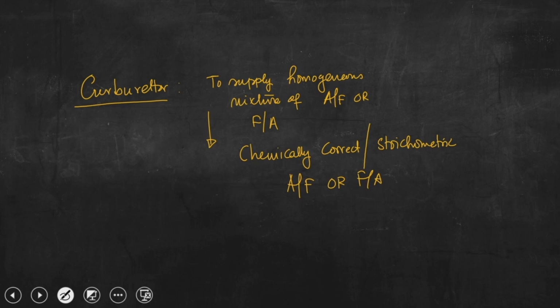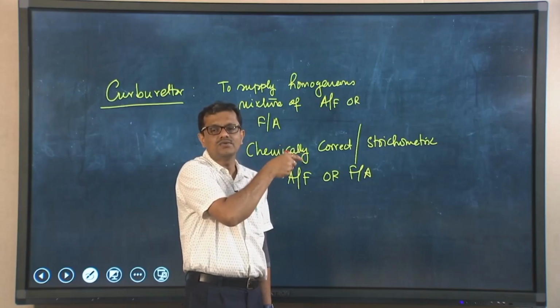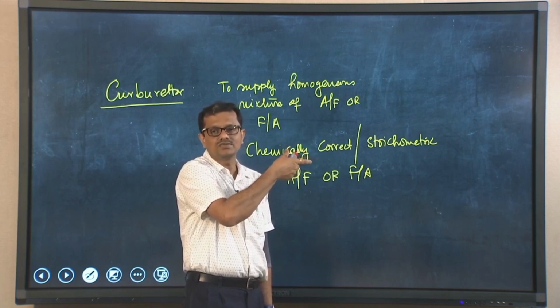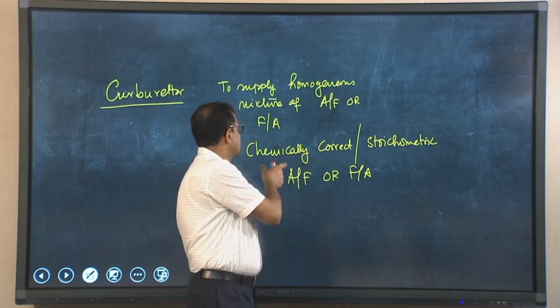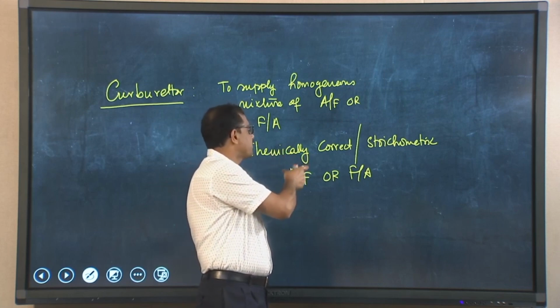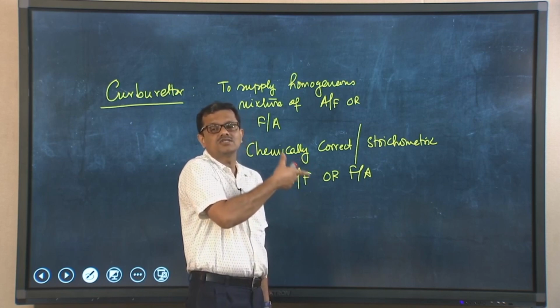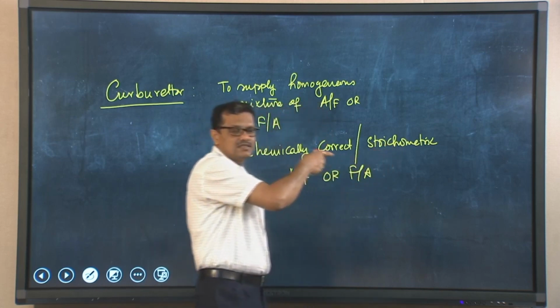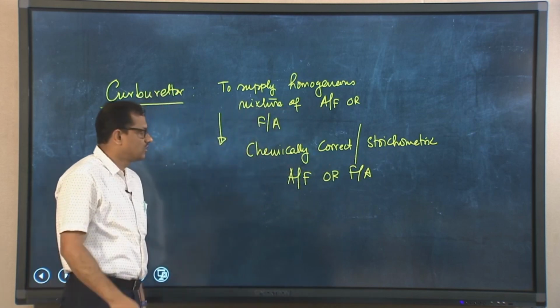Why? Because the amount of air that should be supplied must contain sufficient oxygen which is needed to burn that fuel, that is to ensure that combustion is efficient. And we can ensure that if we supply the chemically correct amount, that is the stoichiometric. The word stoichiometric I have written over here, that is the chemically correct air fuel ratio.